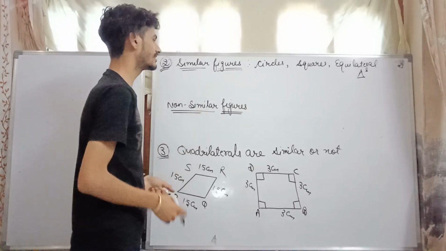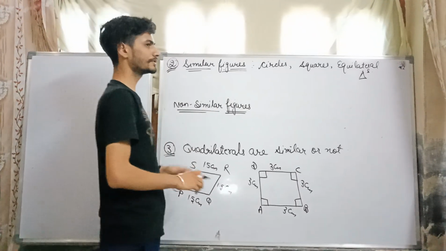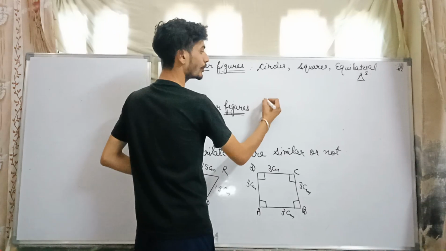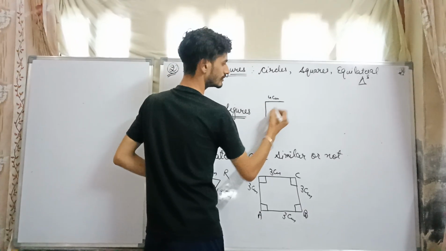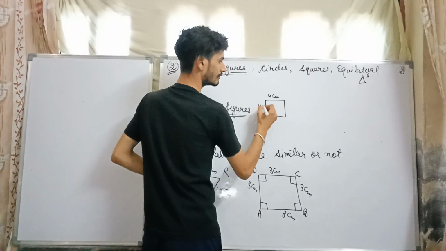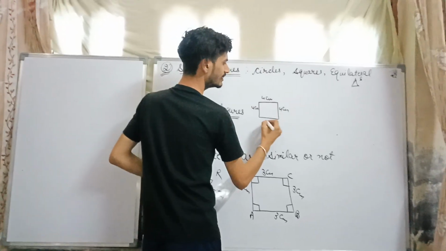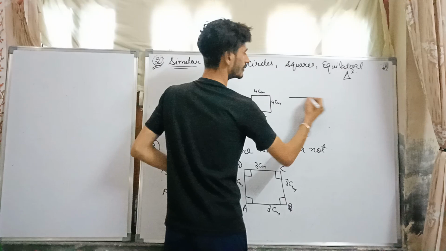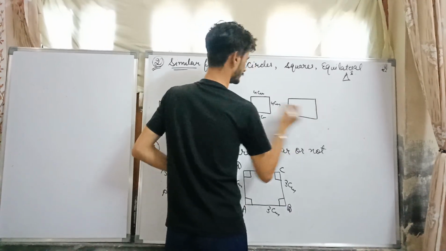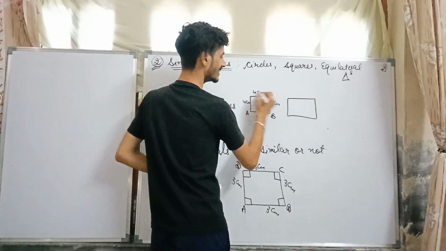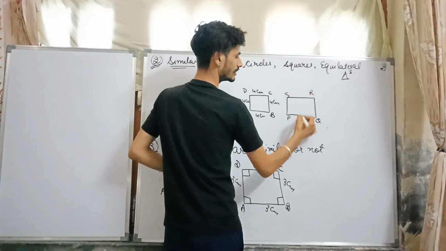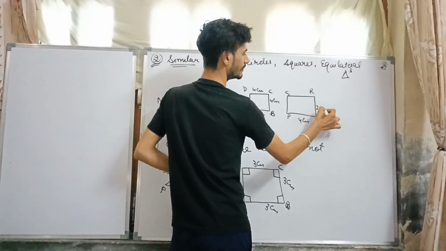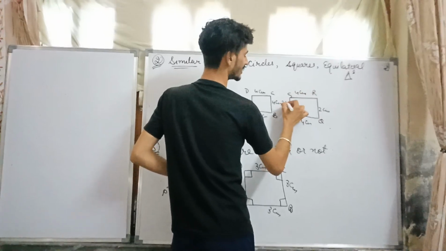Now, non-similar figures. For examples of non-similar figures, we can take a square with 4 centimeter side and a rectangle. The square is ABCD and the rectangle is PQRS. 4 centimeter, 2 centimeter, 4 centimeter, 2 centimeter.